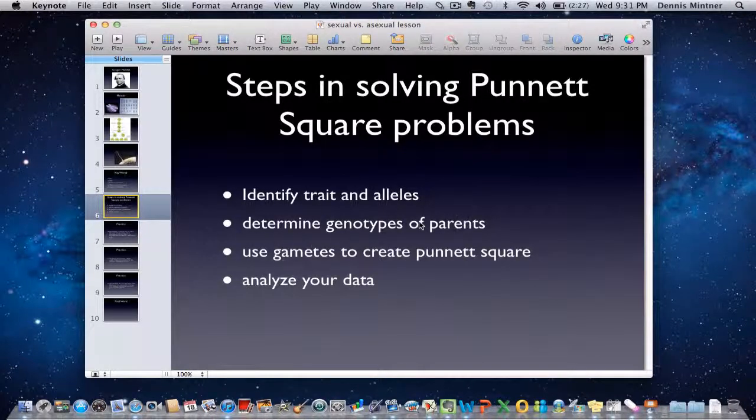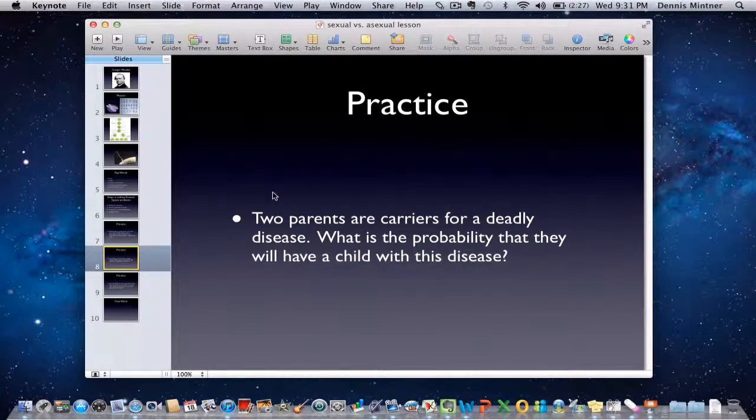All right? The genotypes of the parents, we know they're both heterozygous, and now we're going to create gametes and analyze our Punnett squares. So let's do this. I can choose whatever letters I want to choose. I'm going to go with big L because they're easy to draw, equals no disease, because they're carriers.